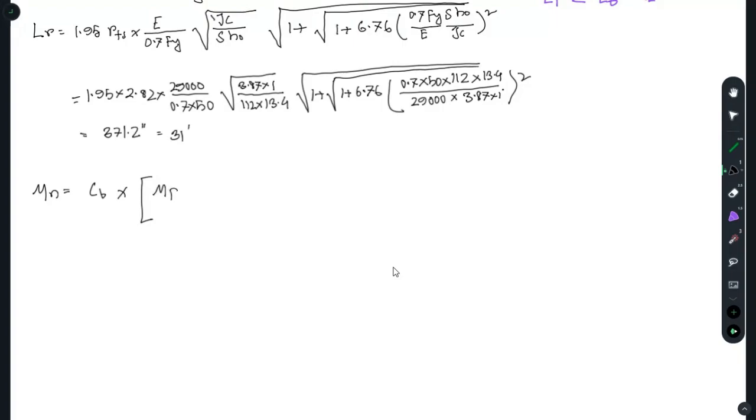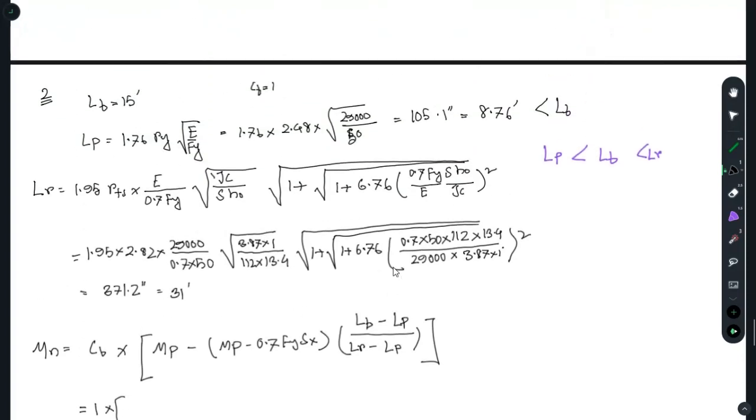Anyway, the formula is Cb multiplied by Mp minus Mp minus 0.7 Fy Sx, and then you multiply it with Lb minus Lp, then you divide it by Lr minus Lp.